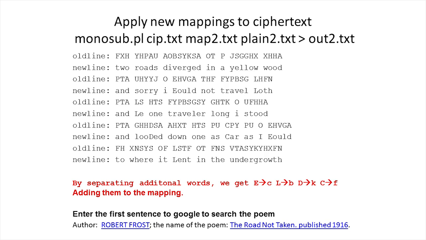Adding all this into the mapping, we were able to translate almost all the poem. By entering the first sentence in a Google search, we easily find the poem was identified as The Road Not Taken, one of the famous poems written by Robert Frost in 1916.